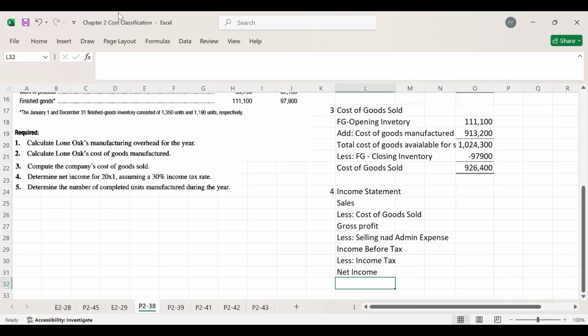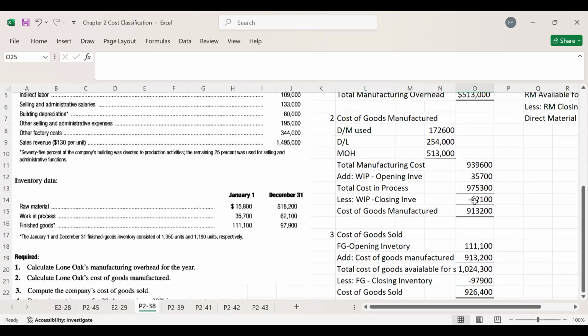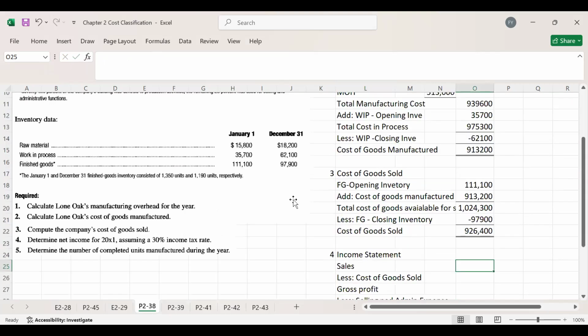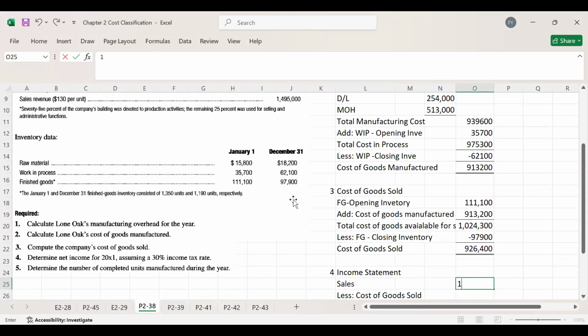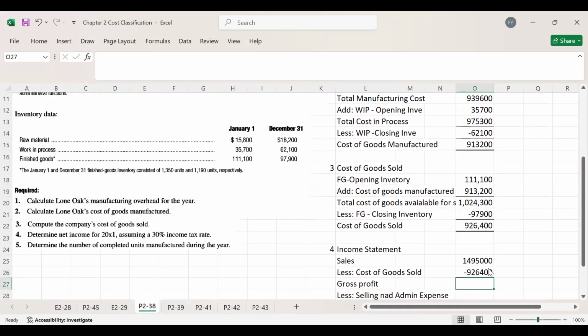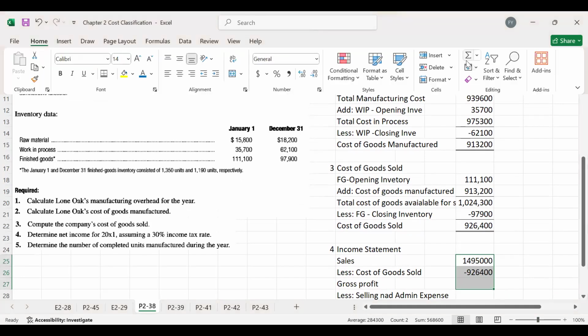This is our requirement. The sales amount is given, sales revenue is 1,495,000. We will deduct cost of goods sold, which is 926,400, in order to get gross profit, which is this one.